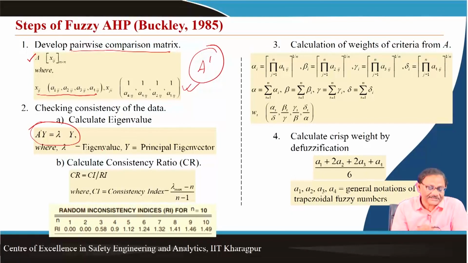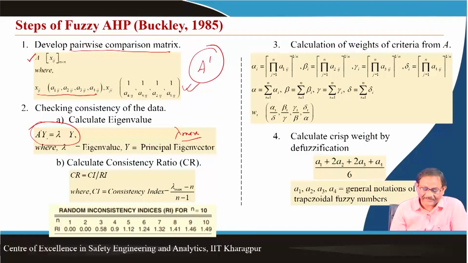Depending on the size of the matrix, the rank of the matrix will tell the number of eigenvalues, and from those you consider the lambda max, the maximum eigenvalue. You find the eigenvalue whose value is the maximum among all the eigenvalues extracted using this equation, and that is known as lambda max.